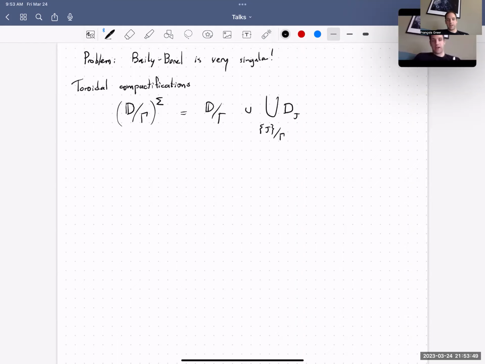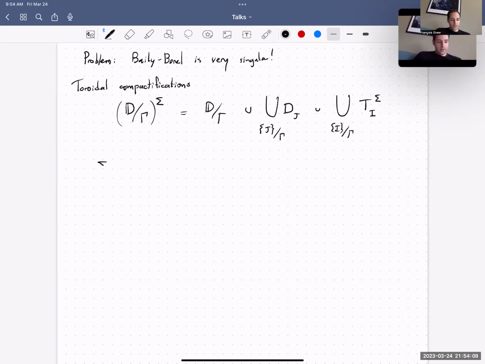So that's a finite set. And then union over all orbits of the I's of some divisors indexed by I. I'm calling them T_I because they're actually toric varieties. That will come out of the construction.